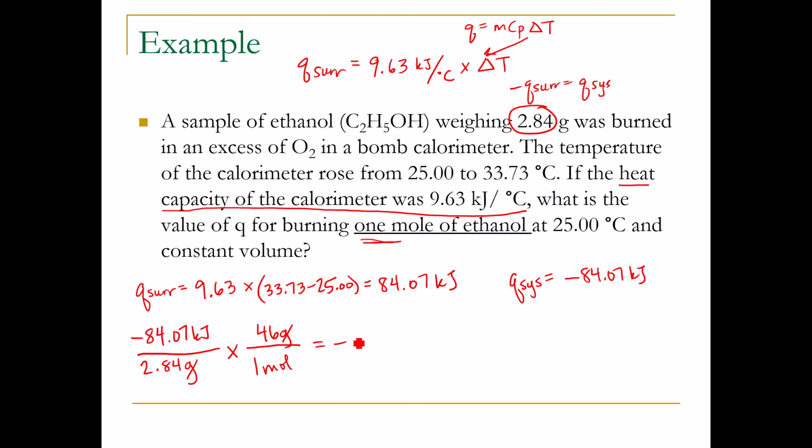So negative 1,361.7 kilojoules per 1 mole. All right, so that would be the Q value if I combusted 1 mole of ethanol. Even though I didn't combust 1 mole of ethanol in the experimental design, I can still use the calculations to determine how much would be required for 1 mole.